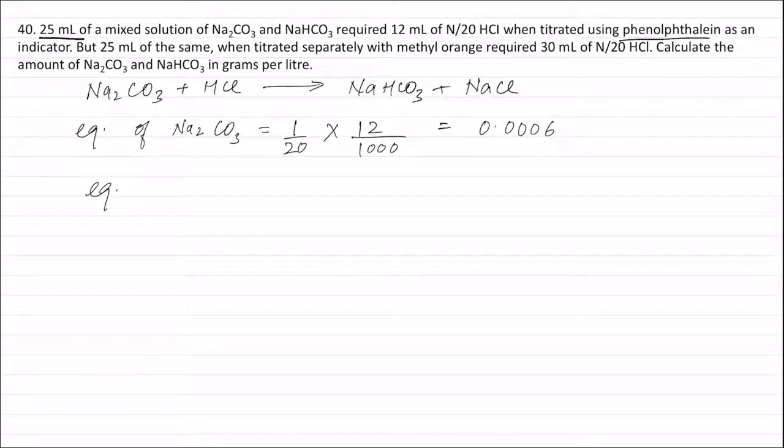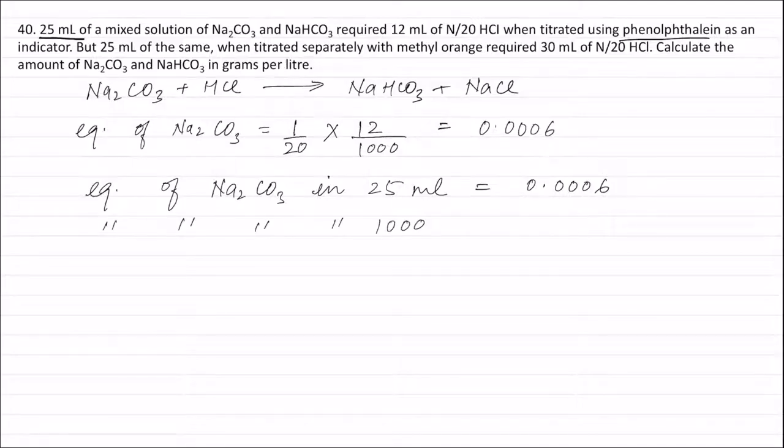Therefore, equivalents of sodium carbonate in 25 milliliter is equal to 0.0006 equivalents, and equivalents of sodium carbonate in 1000 milliliter will be equal to 0.0006 divided by 25 into 1000 equivalents.